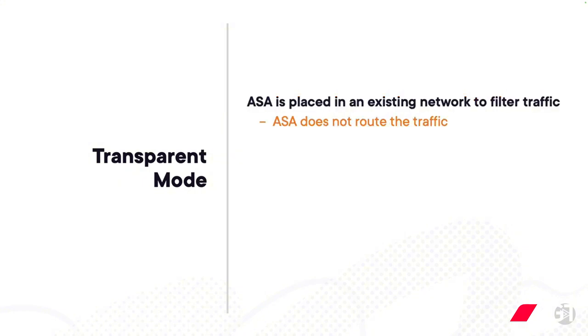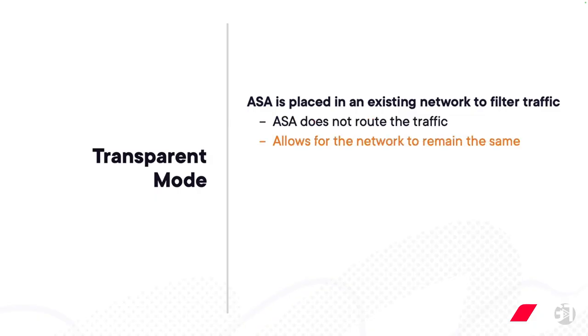While transparent mode is not the most popular deployment mode, it still occurs when the right use cases exist. Transparent mode is when the ASA is placed in an existing network to filter traffic based on policies. However, the interfaces do not have their own IP addresses in different subnets like they do in routed mode. So the ASA does not route the traffic, but acts more like a switch to just process the traffic.